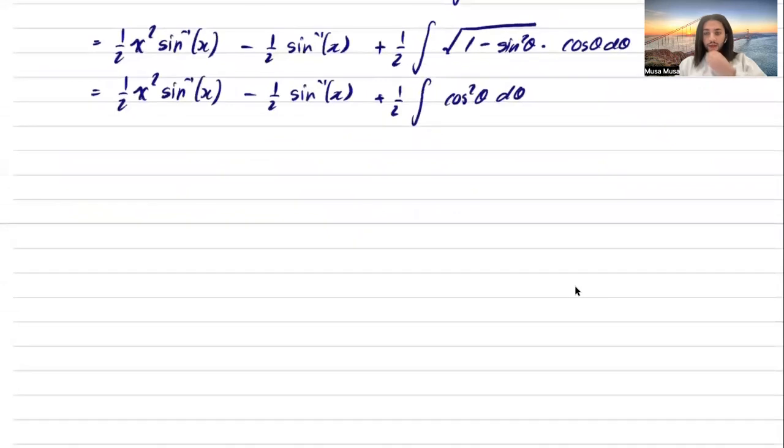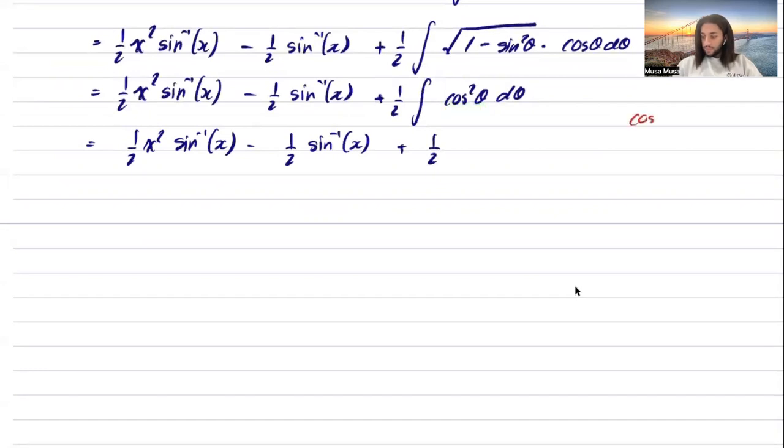Now remember, we have a substitution for cos squared theta. We can write it in terms of cos 2 theta. We can say this is inverse sine of x minus a half inverse sine x again, plus 1 over 2. And then remember, the rule is cos squared theta equals a half of 1 plus cos 2 theta. So that half with that half come together to give you a quarter.